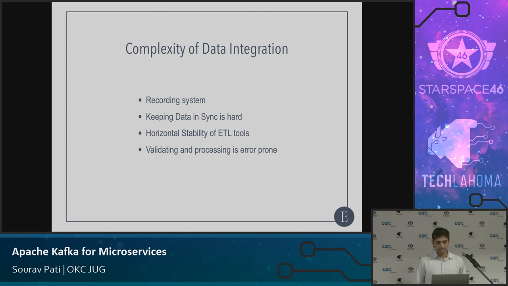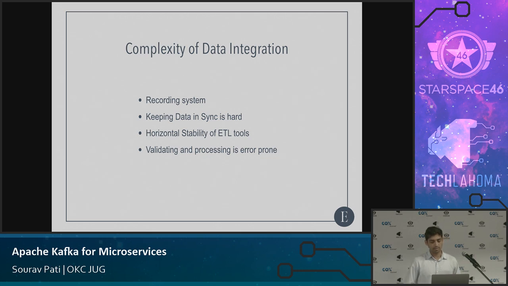Other than that, processing that data is also a bit error prone when you have those ETL tools, in terms of how do you validate the data, how do you make sure that your data is right, if you have some sort of transformation and you want to write some calculation where you want to have some sort of test, how easy is this process.